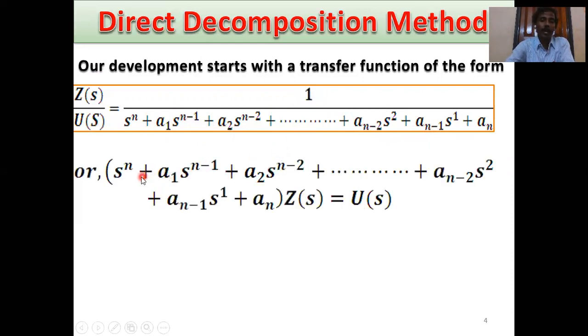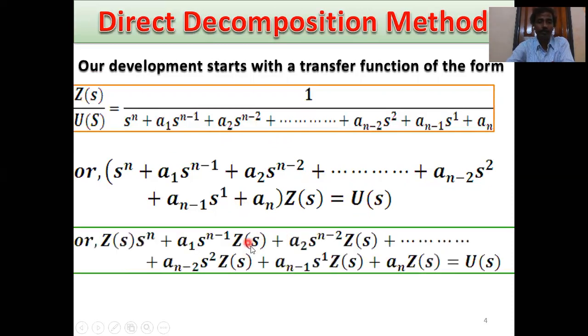So multiply s to the power n plus a1 s to the power n minus 1 plus a2 s to the power n minus 2 plus ... plus an minus 2 s square plus an minus 1 s to the power 1 plus an, whole into Z(s). Cross multiplication equals U(s) into 1, or U(s).